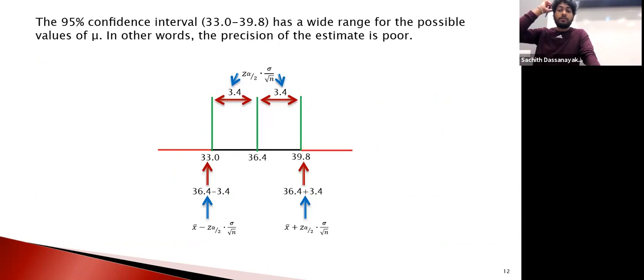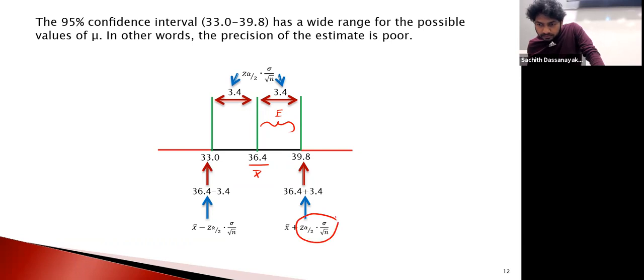Right. If we consider the estimate of error or error estimate, you can see this. I think this is the X bar, right? Yes, this is your X bar. So this is going to be your E, capital E, error. What is the error? This part. Plus error, minus error. So you can calculate your error using this piece.